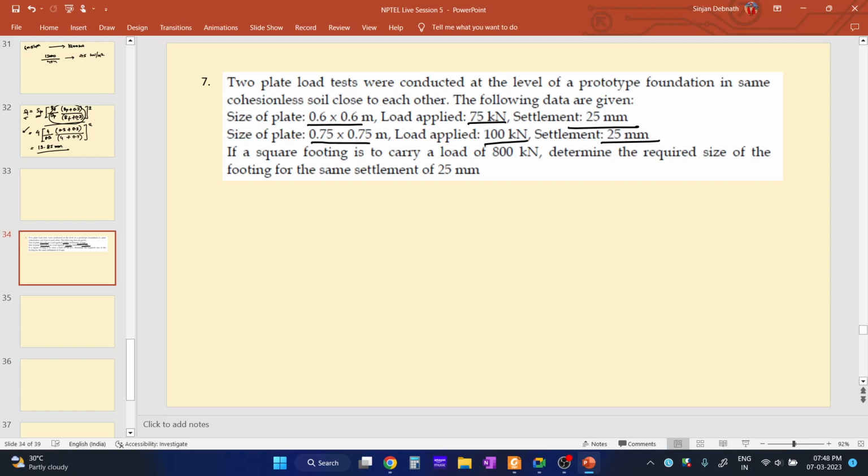So actually two plate load tests were conducted. Okay, so now if a square footing is to carry a load of 800 kilonewton, determine the required size of footing for the same settlement of 25 millimeter. Fine.